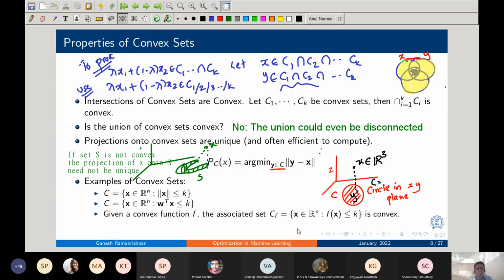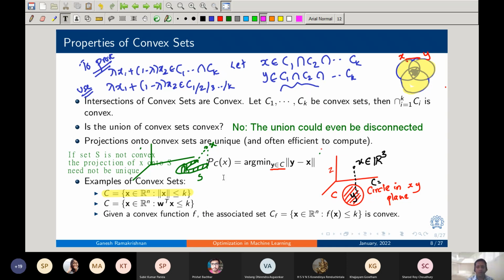For example, if you have a norm ball, so you have a norm and you want all X such that norm of X is less than or equal to K. That's called a norm ball for any valid norm. So this norm ball happens to be a convex set. Okay, so let me give it a name here.